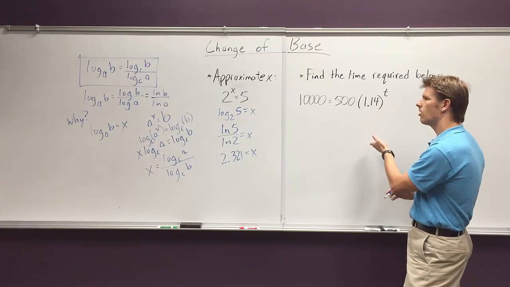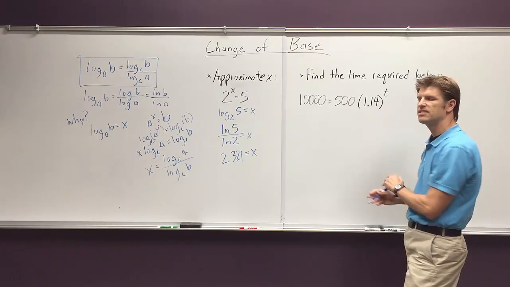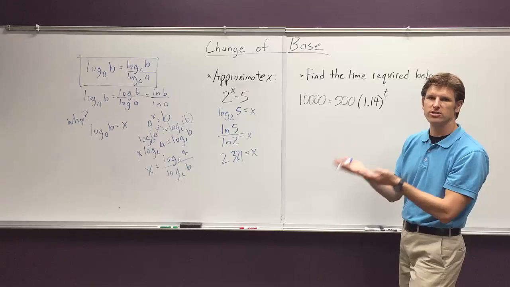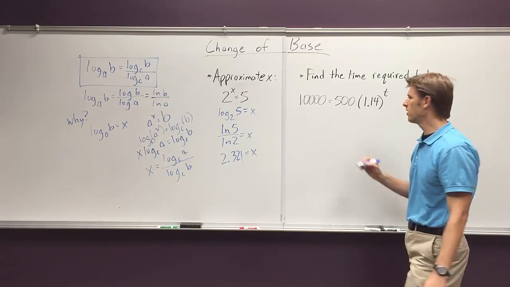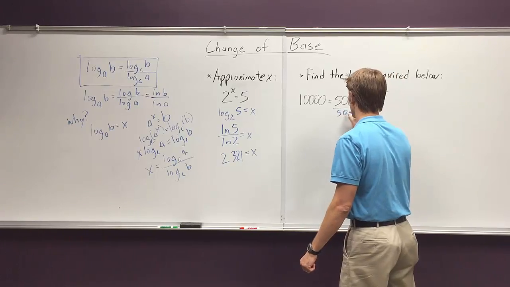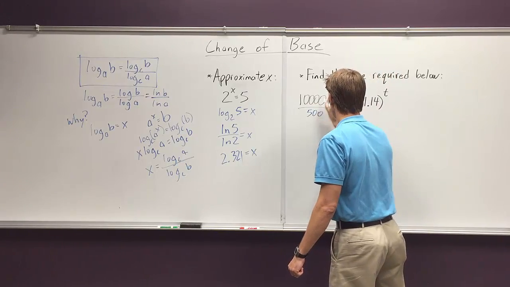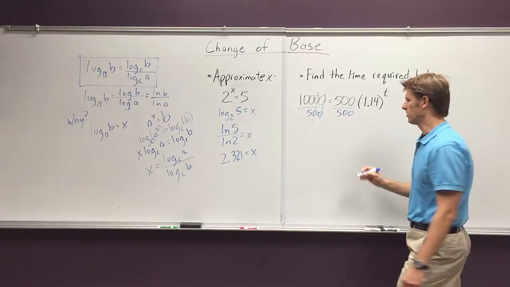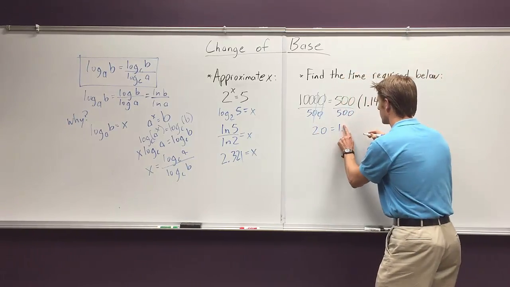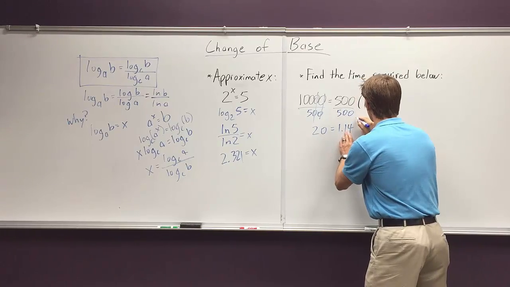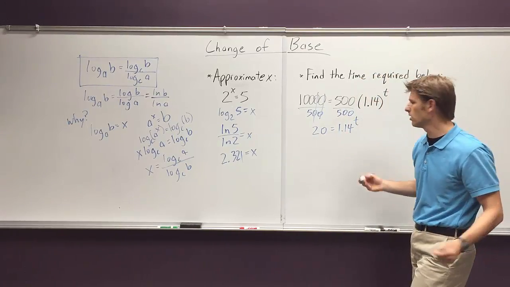Okay, how do I solve this? Well, first off, this is not a basic exponential equation, so I can't convert it to a log equation yet. I first have to divide both sides by 500. Luckily, that cancels a couple of zeros, so I get 20 equals 1.14 to the t. I convert that to a log equation.